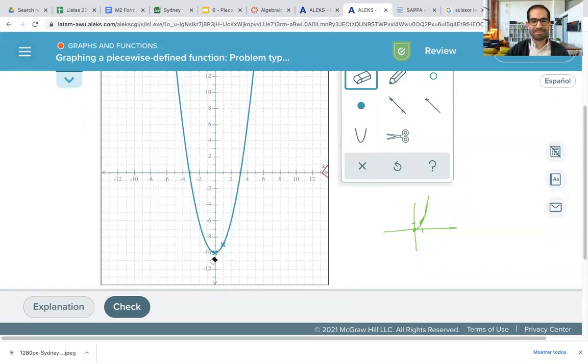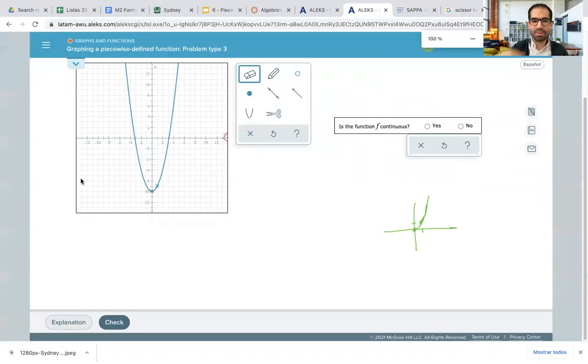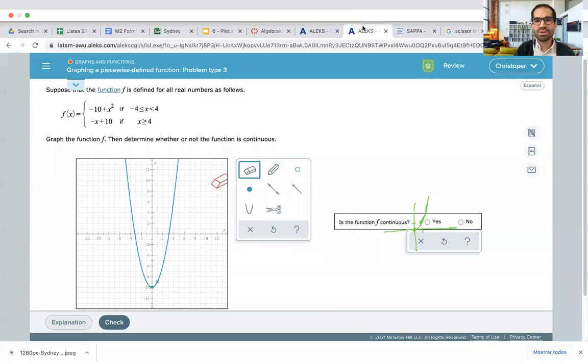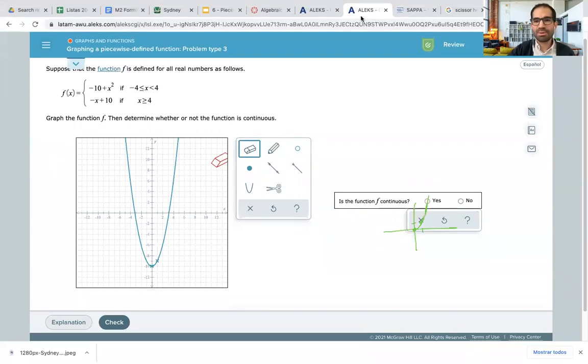This is my eraser. So now that we have that part of the function, let's think about what the restriction is telling us. It's telling us that we should only be using values that go from -4. So I'm going to write the restriction over here on the side, going from -4 to 4. And we're going to think about it.